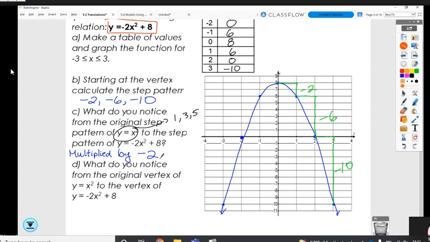I like that. What do you notice from the original vertex of y equals x squared, which we know is 0, 0. Yeah, the vertex here is 0, 0. And our vertex, which is now 0, 8. Is that what our vertex is? 0, 8, right up here.